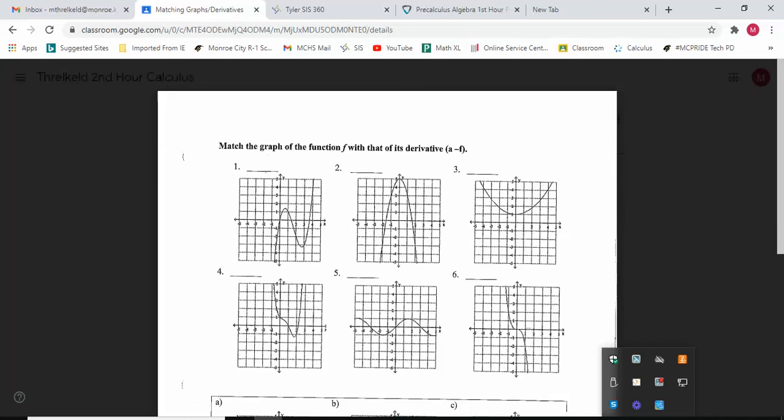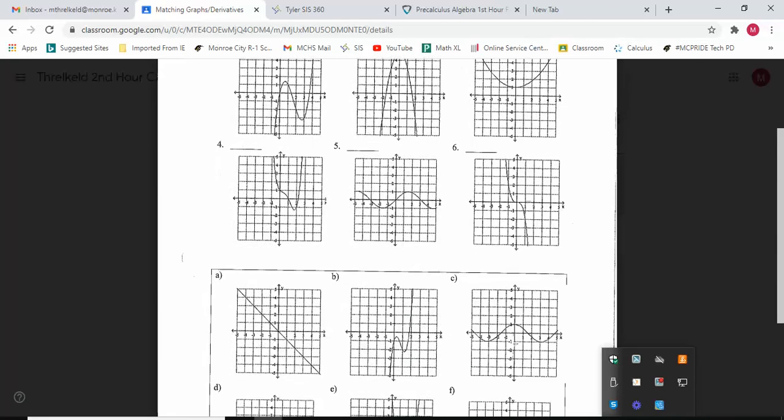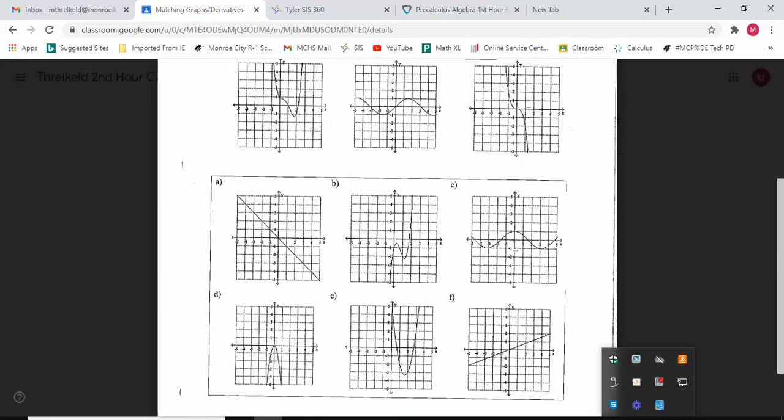Okay, number 4. This one is decreasing. It has a little hiccup in it, but it's still decreasing until you get to almost 2, and then increasing after that. So we are negative until we get to about 1.75, and then positive after that.